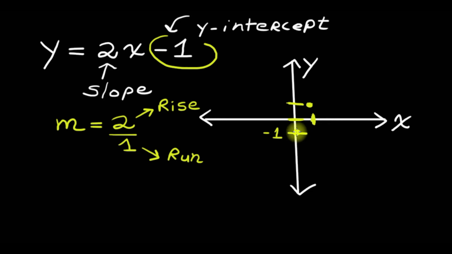So you have these 2 points to graph your line. Okay, and there's your graph. This is the graph of y equals 2x minus 1.